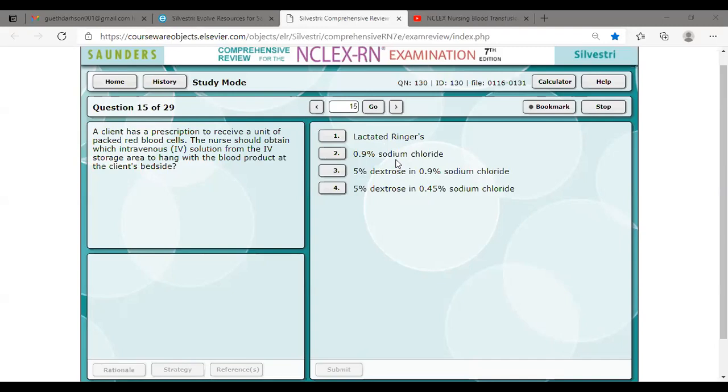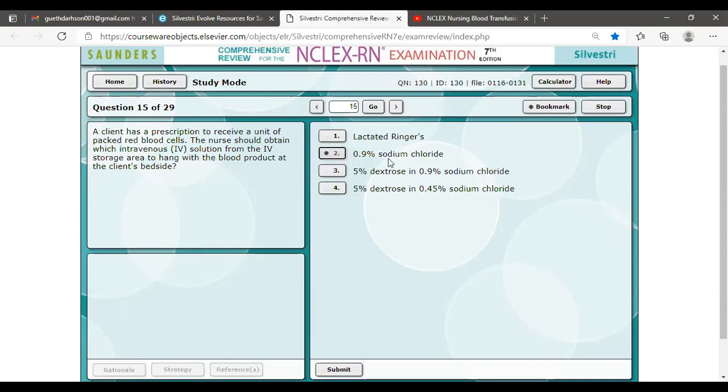During the blood transfusion, we always keep the normal saline solution. And normal saline solution is 0.9% sodium chloride, right? So definitely this is the answer here.